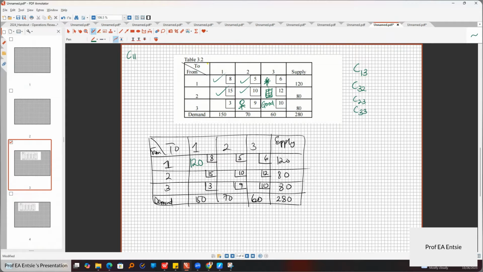So in cell C11, you place your 120. Very, very simple, right? Then you check: row one's supply is satisfied.